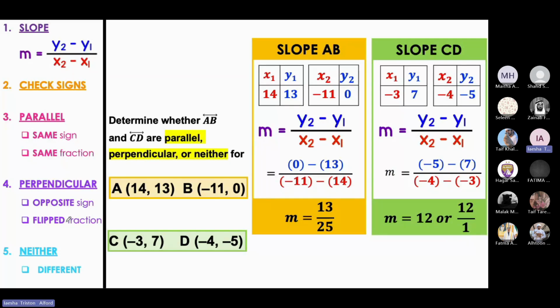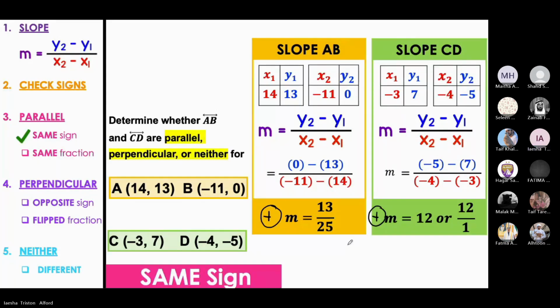Check the sign. For the yellow, positive or negative? Positive. Fine. For the green, positive or negative? Positive. The sign, same sign or opposite sign? Same sign.